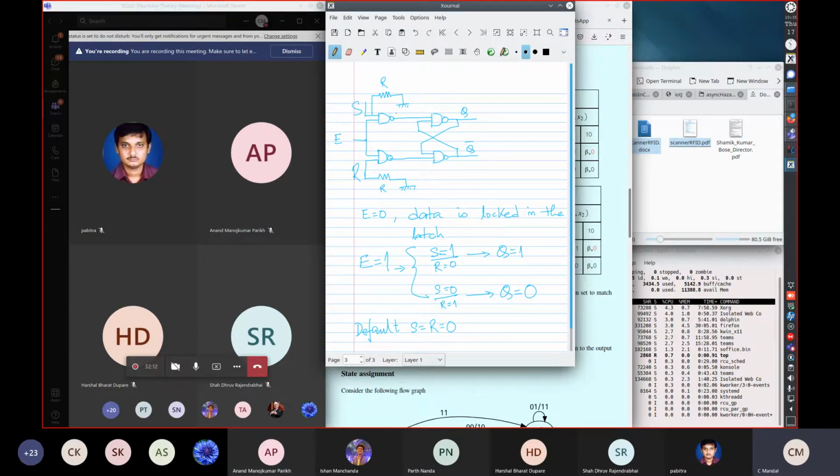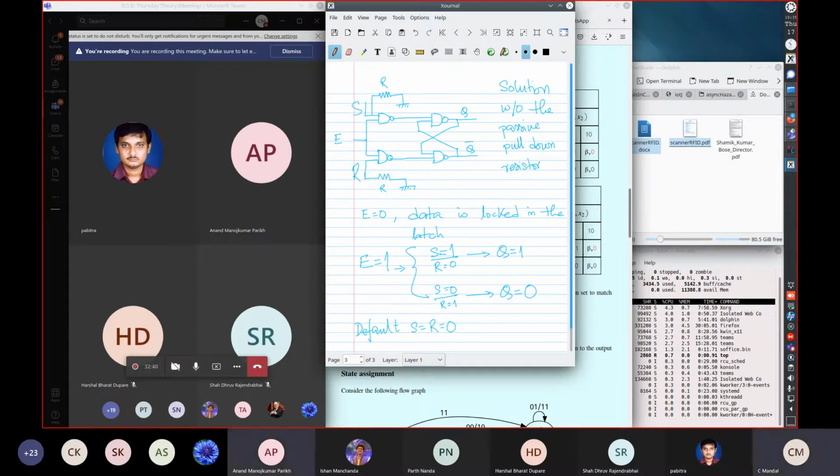So can you suggest a solution without the passive pull down resistors?